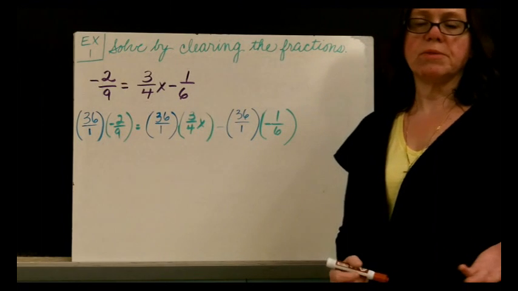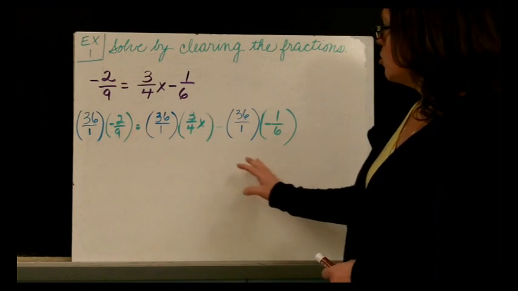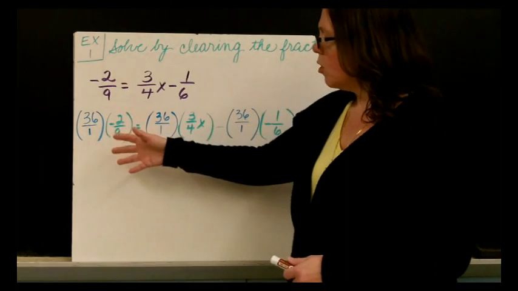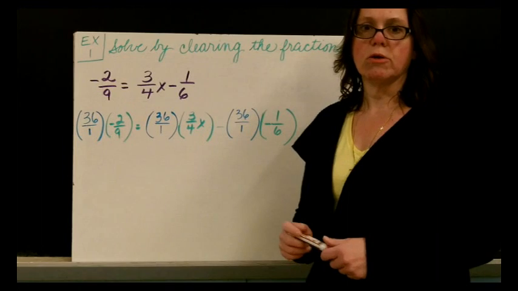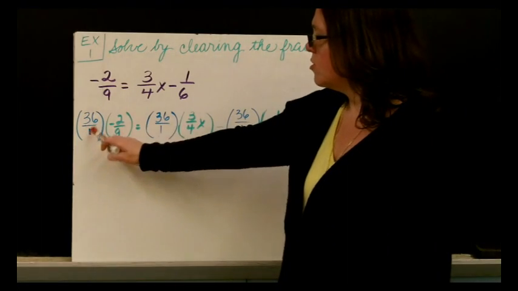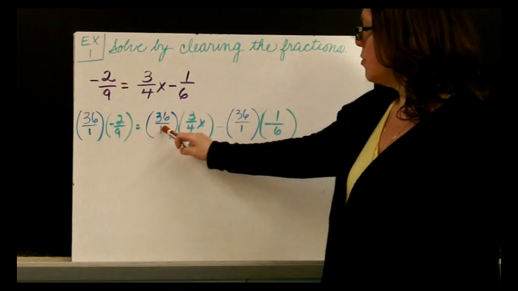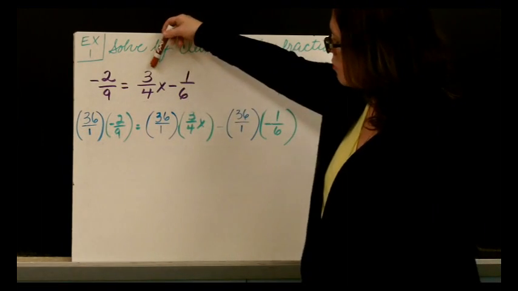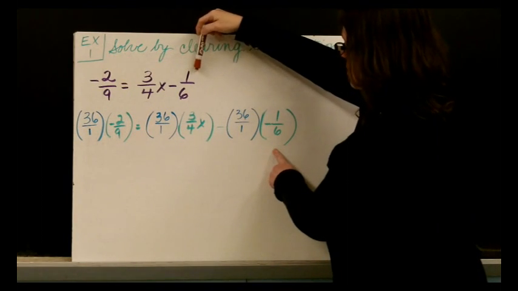And then the second step says multiply every term by the LCD. And you remember what we do is, because we are working with fractions, we take the least common denominator and put it in fraction form. So first, what we'll do is we'll multiply the negative 2/9 by 36. Then we have 36 times the 3/4 x, and then 36 times the negative 1/6.